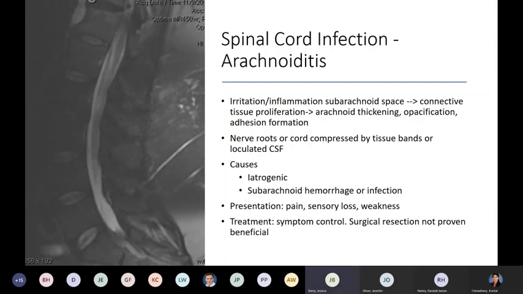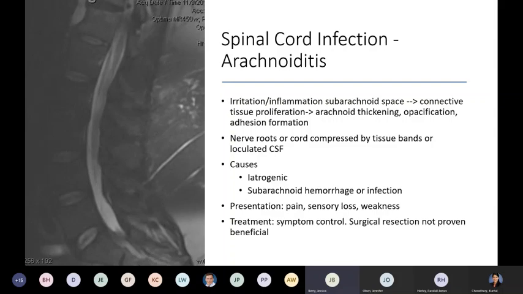The process is irritation or inflammation in the subarachnoid space that leads to scarring and tissue proliferation. You get thickening of the arachnoid material and adhesion formation. So the nerve roots and/or the cord are then compressed by these tissue bands or by associated loculated CSF.